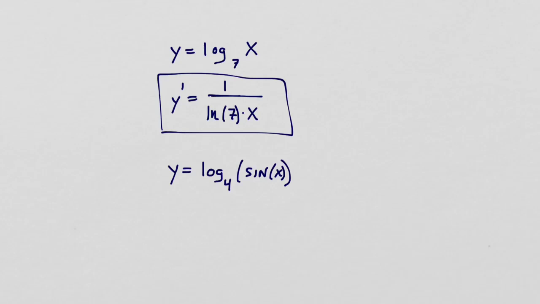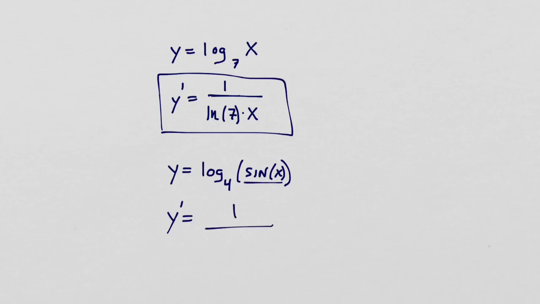We're going to take the derivative of this function, which is the log base 4 of sine of x. So I've got an inside function. As soon as I see the inside function, I've got to be thinking about the chain rule. So let's apply what we know. We're going to take the derivative of the outside, evaluated at the inside.